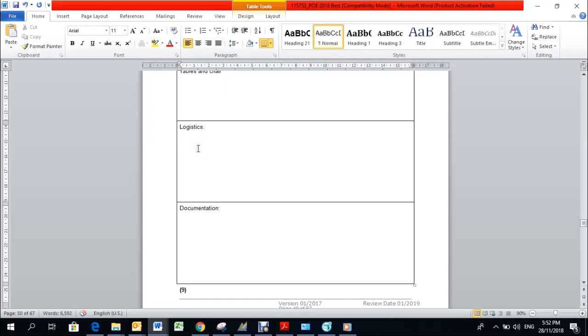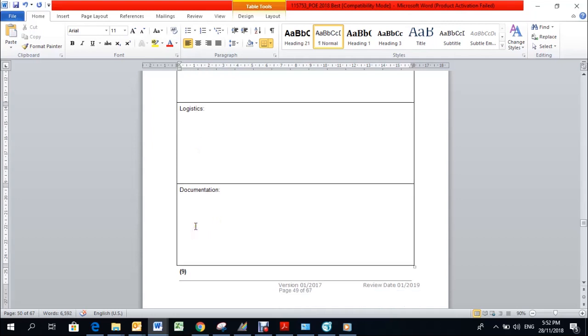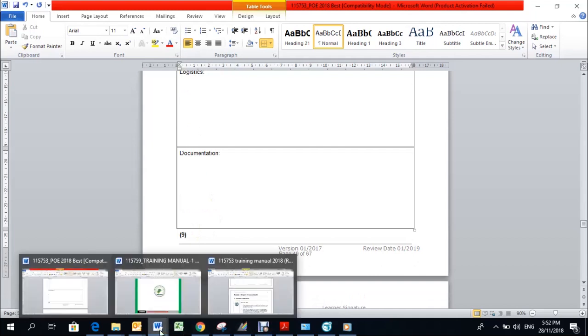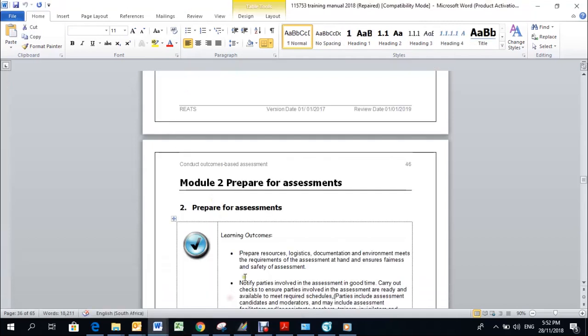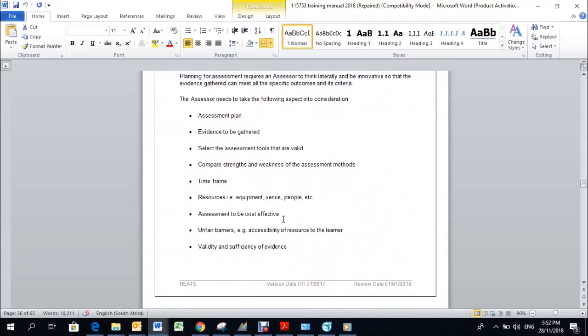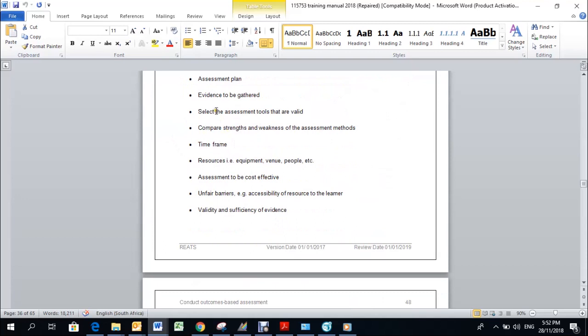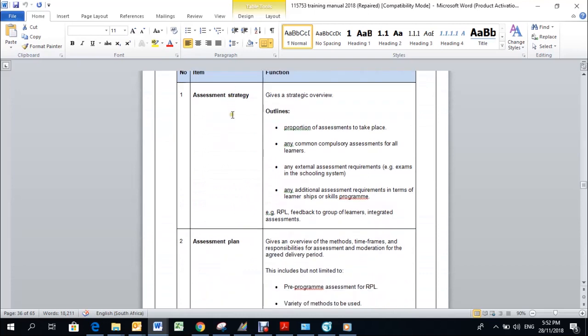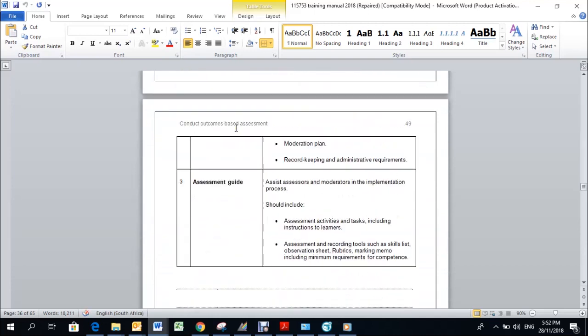Documentation. I'm just going to refer to our learning manual where we have all these documents. We must look at the following: the assessment plan, and there we go. That is the information you get on page 49.